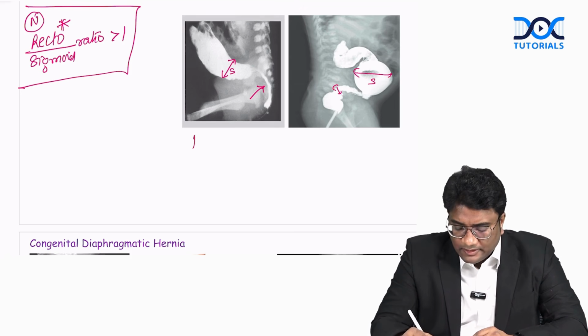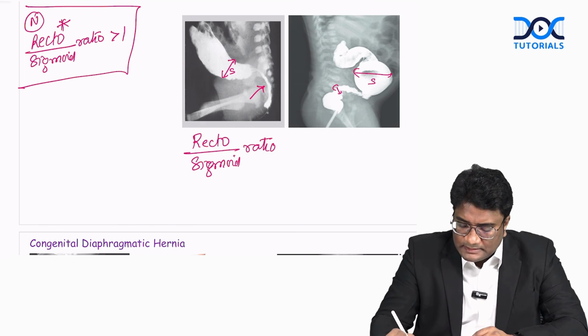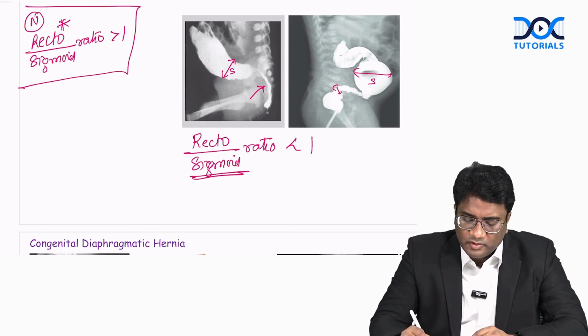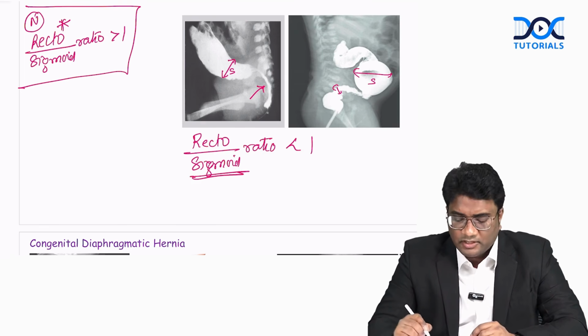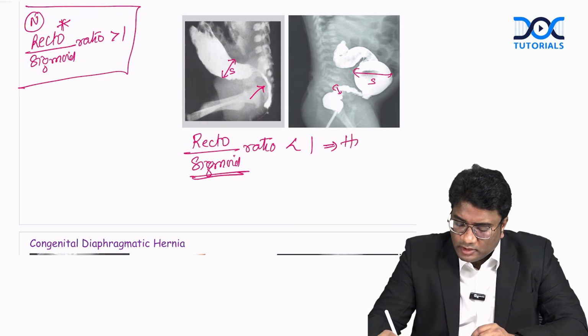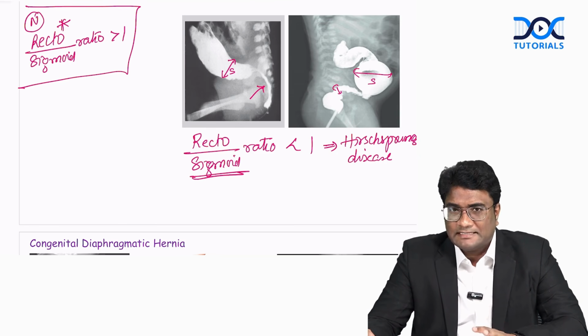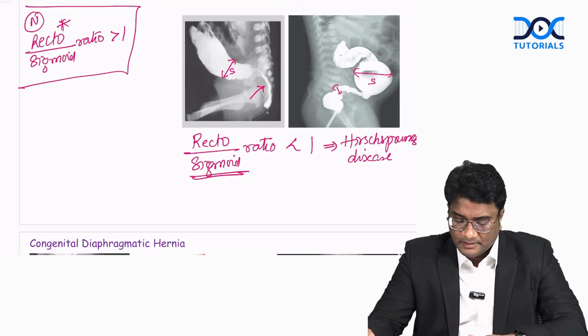So the rectosigmoid ratio is less than 1. The denominator is more and the rectum is constricted. So when the ratio is less than 1, this should also make you think of Hirschsprung's disease. The rectosigmoid ratio normally is more than 1, but if it is less than 1, that is Hirschsprung's disease.